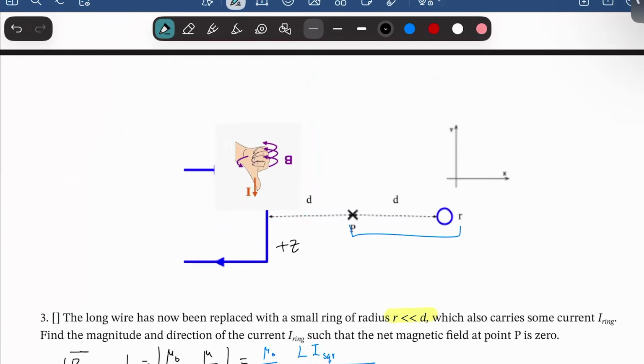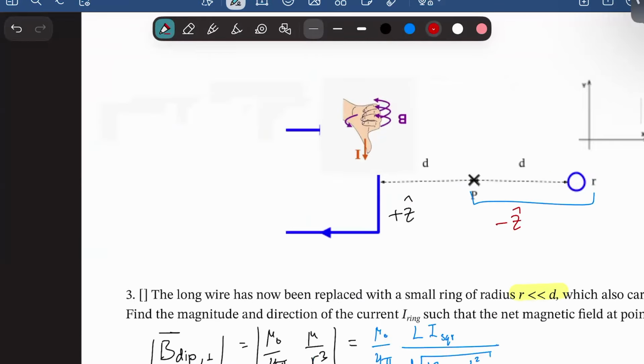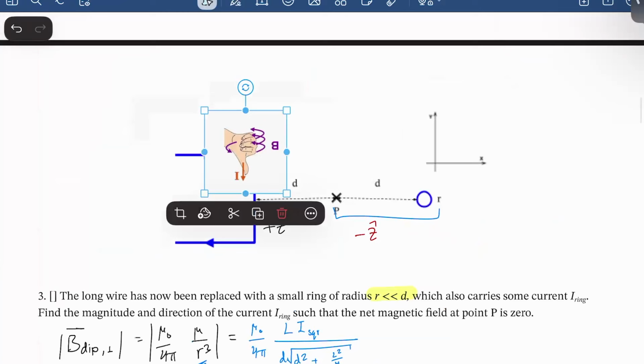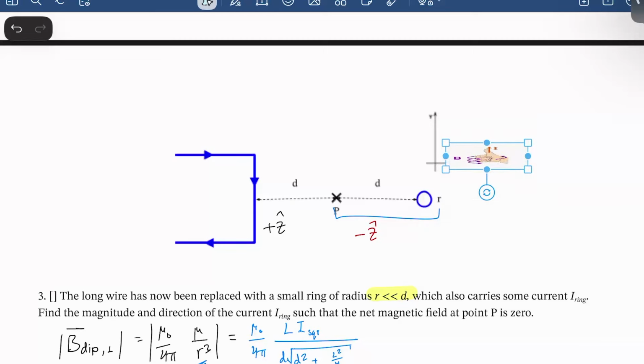So from the square, it's out of the page, and for the ring, it has to point into the page. Now you have to imagine, there's a lot of visualizing in 3D. The dipole moment is either going to be pointing into the page or out of the page. Let's just choose one and see if it's right.